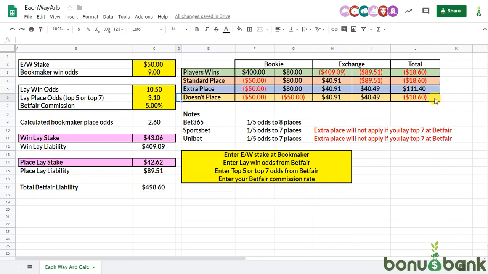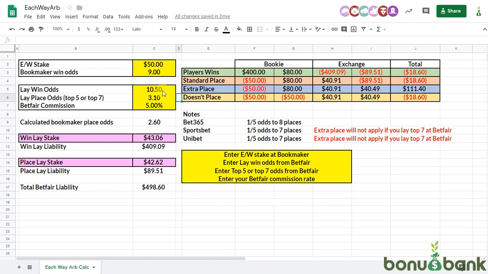If he doesn't place at all, so that means that he falls outside the top 8, then we would also lose that $18.60. But if he was to finish 6th, 7th or 8th, we would win $111.40. So, you know, that's not fantastic, but that's based on the odds for Dustin Johnson.